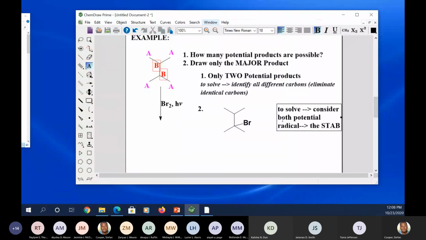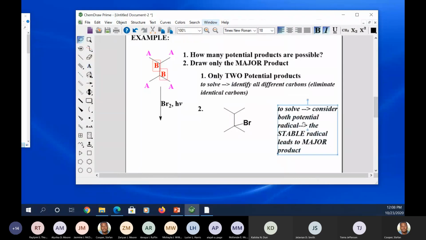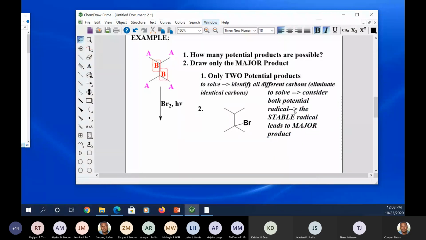The most stable radical leads to the major product, right? I'm hoping that we're getting comfortable with that. Let me put this in a box because this is the answer here. Let's look at both radicals really quickly.